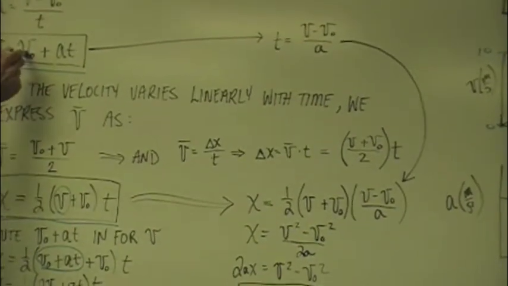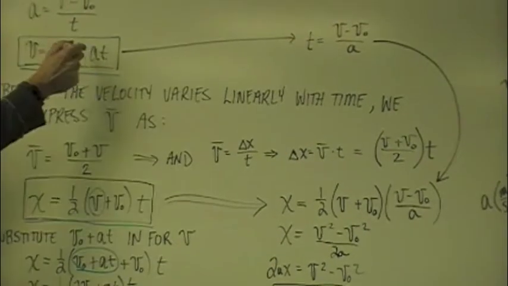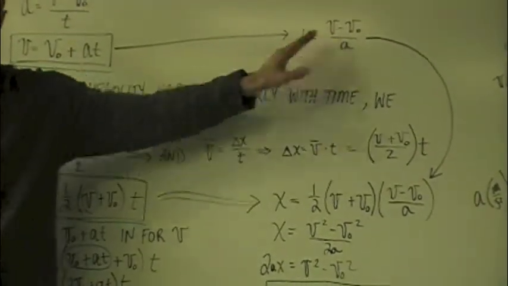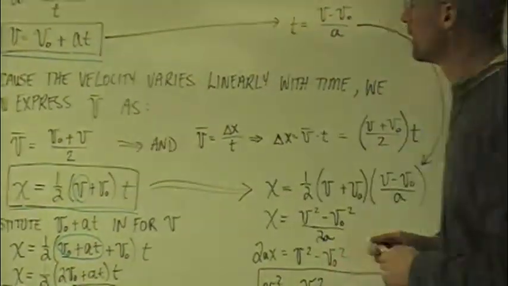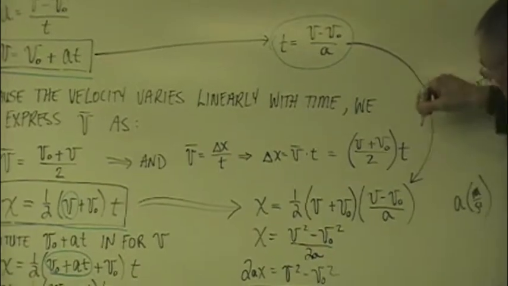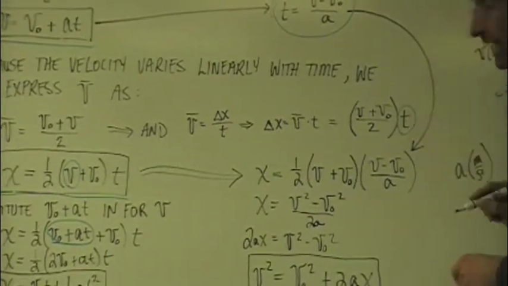If I take the v over there, and then I divide by a, could I get this? Okay, so what I'm going to do then is take this and substitute it in for that t.